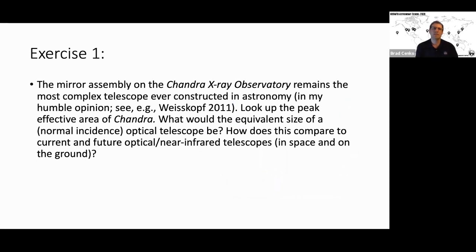So here's a quick exercise to get you thinking about normal incidence optical telescopes versus grazing incidence X-ray telescopes. The mirror assembly on Chandra remains, in my opinion at least, the most complex telescope, not instrument or observatory, but telescope, ever constructed in astronomy.